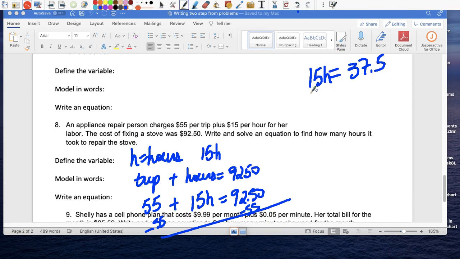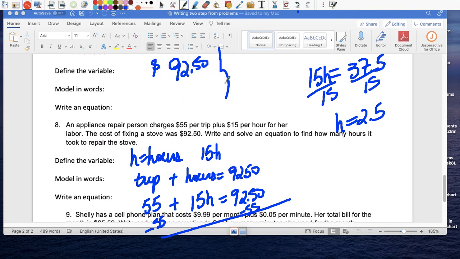All right, so we divide both sides by 15. And H equals 2.5. So that means that from the $92.50 that she charged you to work at your house, $55 was for her trip, and then she worked 2.5 hours at your house.